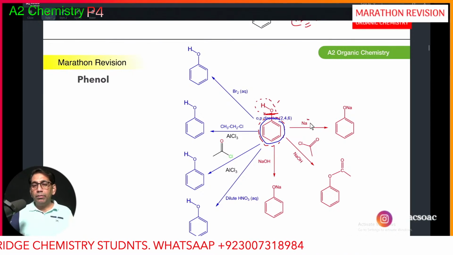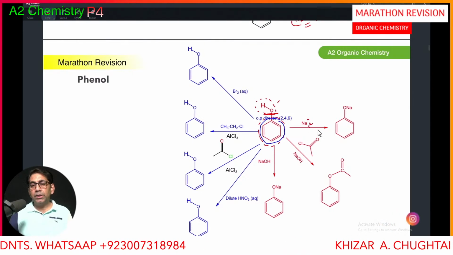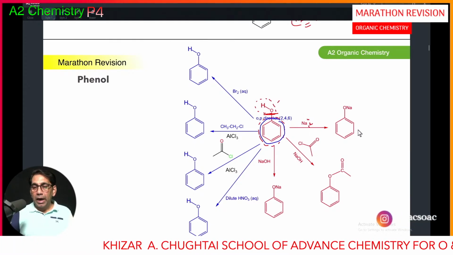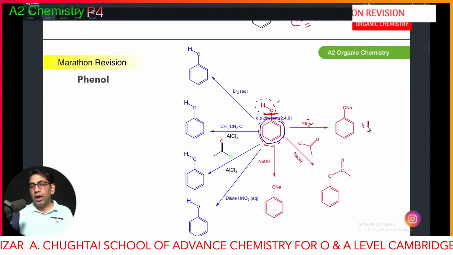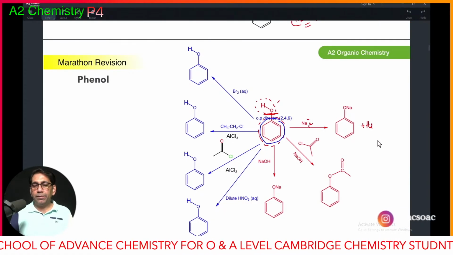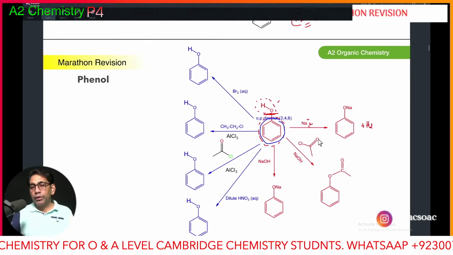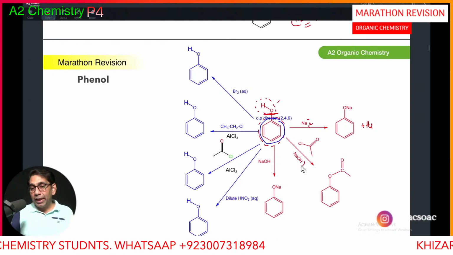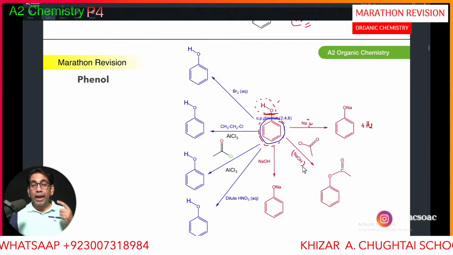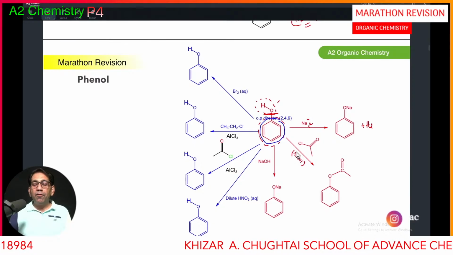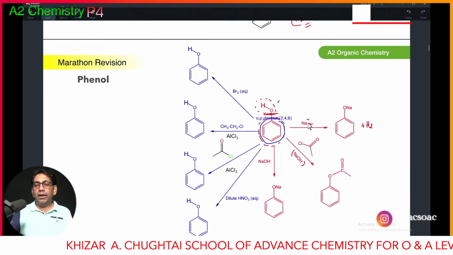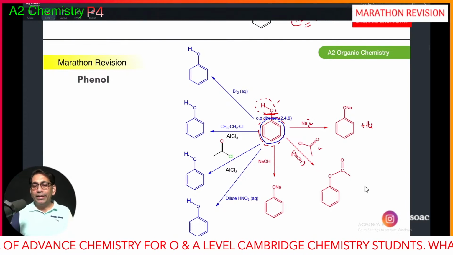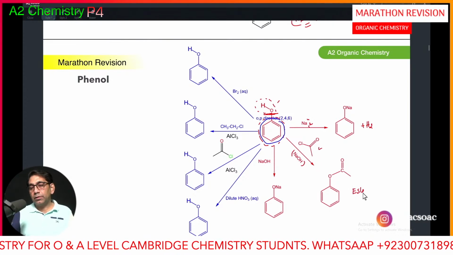If I add sodium, a highly reactive metal, you know it, it will react with the phenol to make a phenoxide ion or salt, plus hydrogen gas is released. If you add NaOH, NaOH is very important, and then add this ethanoyl chloride, an acyl chloride, there is a formation of ester.